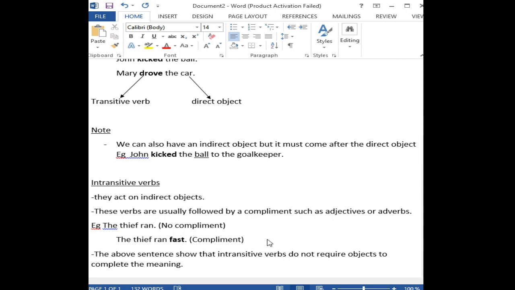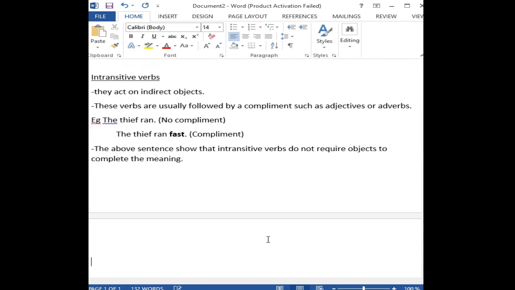Most intransitive verbs will not have an object, but the ones which have an object, the action is still not done on them directly. So here we have an example where previously we had a sentence at the top where we say John scored.